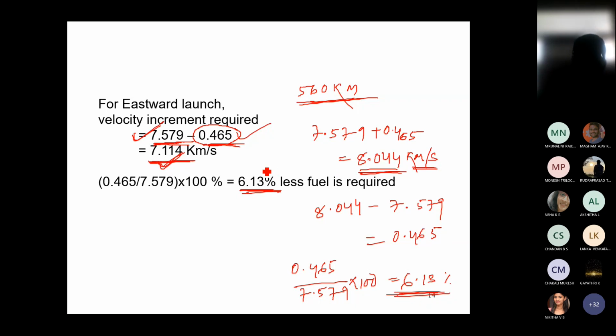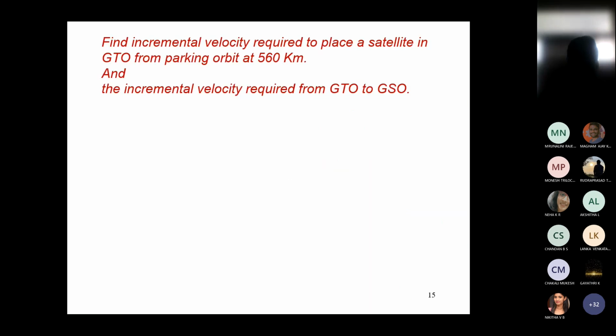So that is the answer to why satellites are launched towards the eastward direction: because of saving this much fuel. So that is the understanding we gained from the launching of the satellite.